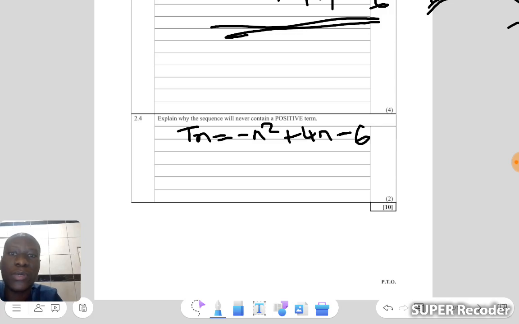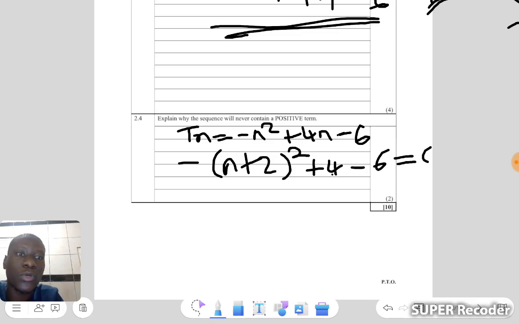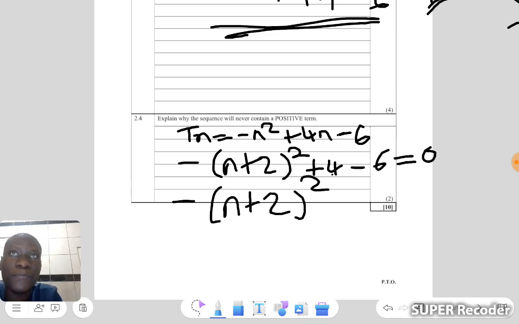When we complete the square, it will be negative, n minus 2 squared, plus 4, minus 6. You see, it only has 2 marks, so don't suffer yourself too much. So we'll have negative, n minus 2 squared, minus 2.